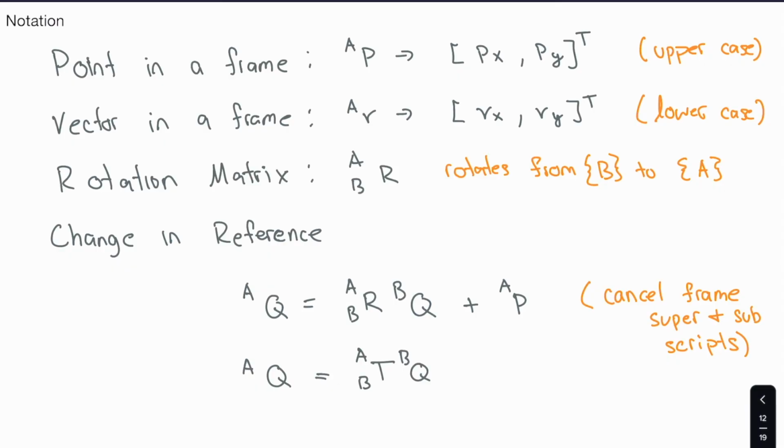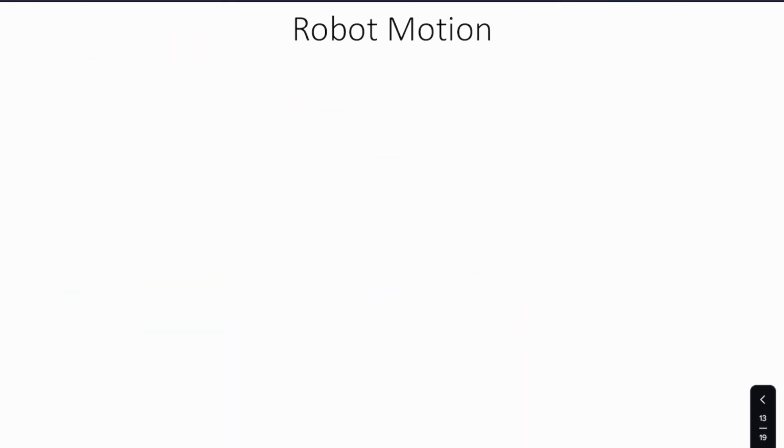Instead of being boring and just immediately giving you what this transformation matrix looks like, we'll sort of discover why this is useful as we go through the next few slides. But I'll make sure to update the chapter website with all this information right underneath this video. In the next video, we're going to start putting these together and start figuring out how this notation is useful for describing the robot's motion.